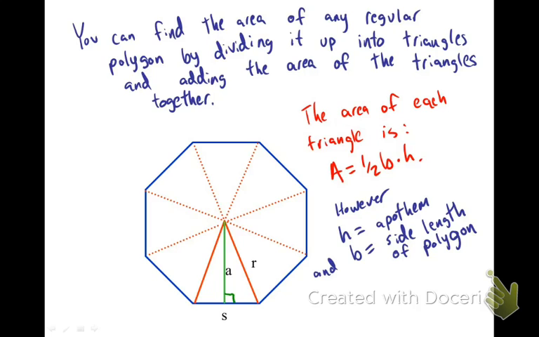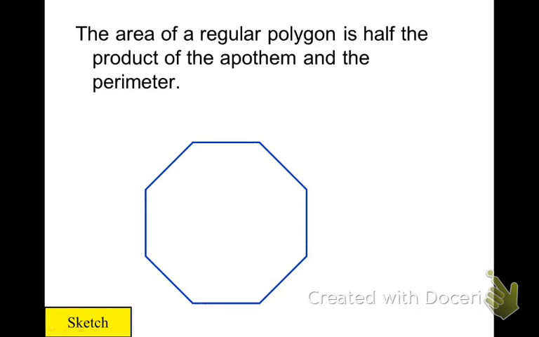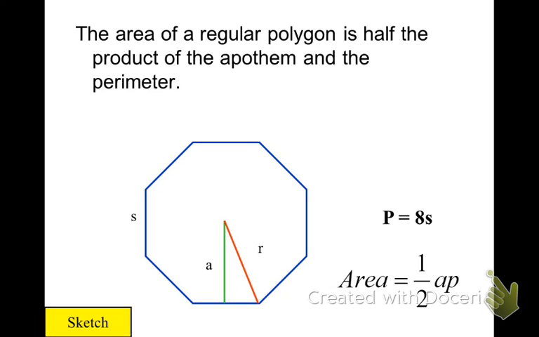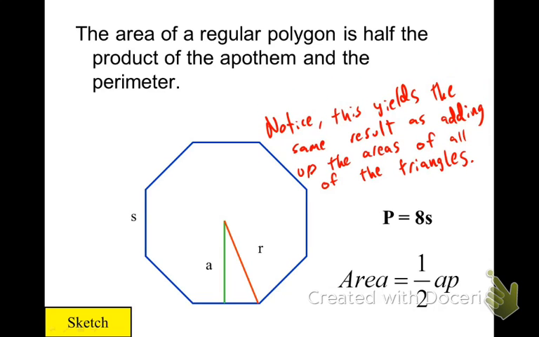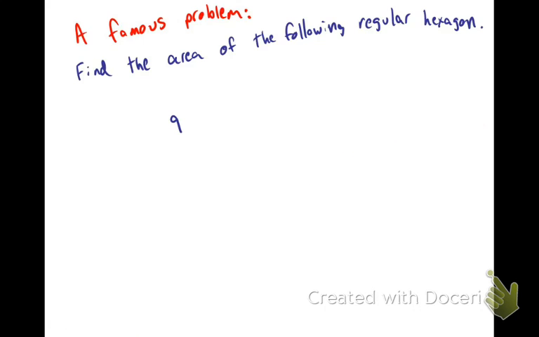So this is where it comes from. It's 1/2 base times height. The perimeter is 8 sides. So it's going to give us the same thing whether we break it up into triangles or whether we use the formula 1/2 apothem times perimeter. We're going to get the same result.